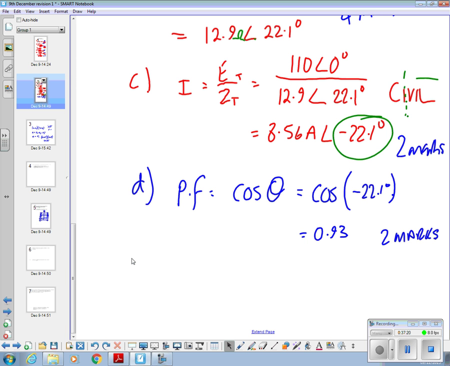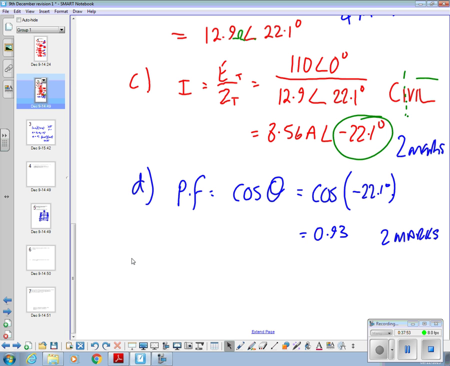But to do that, you need to read the whole question, because it's very easy to wade in with one that looks easy to start with, then come up against a big stumbling block and waste a load of time trying to get over it. So read the whole paper, just briefly, to make sure which question is your banker, or which one you can get the most out of. What's the next one I can get the most out of? That way you use your time wisely and only do the ones that you're going to struggle a little bit with towards the end.